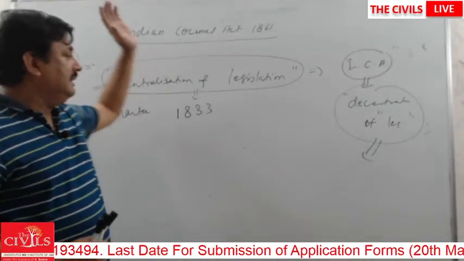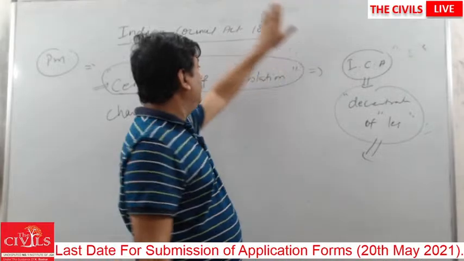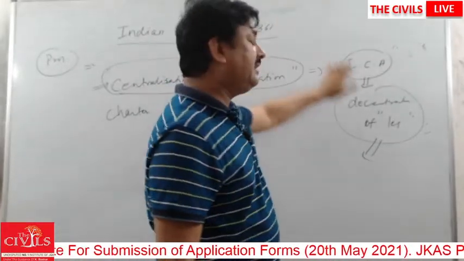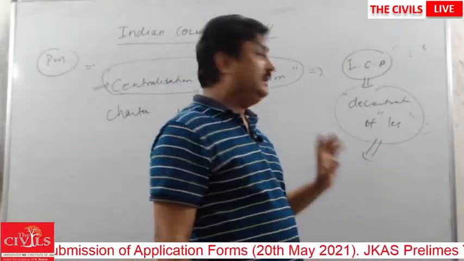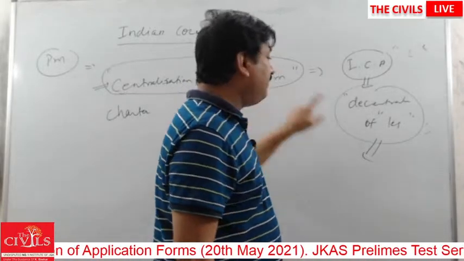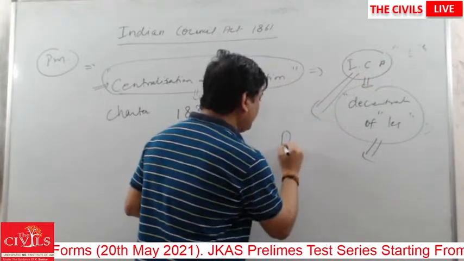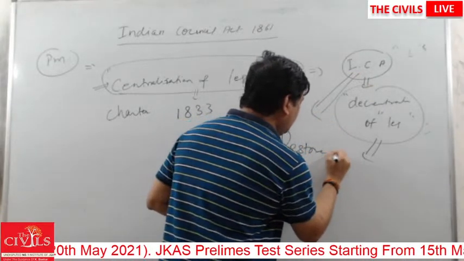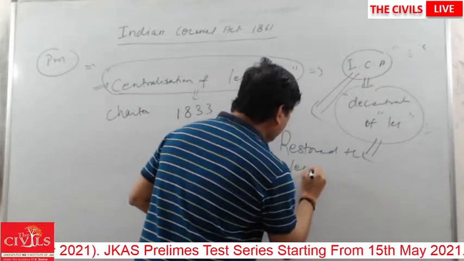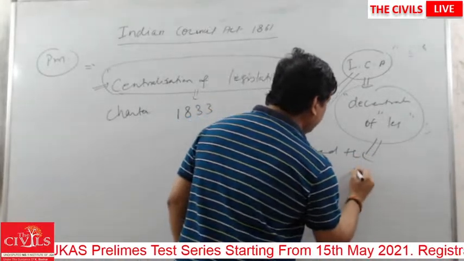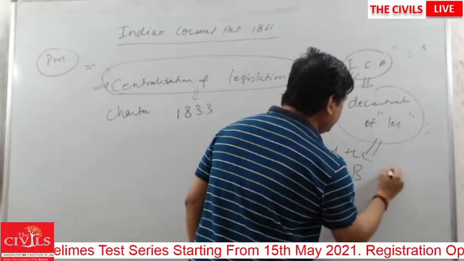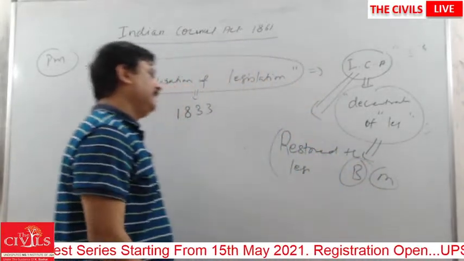So this act, the Indian Council Act, restored the legislation power of Calcutta, Bombay and Madras Presidency.